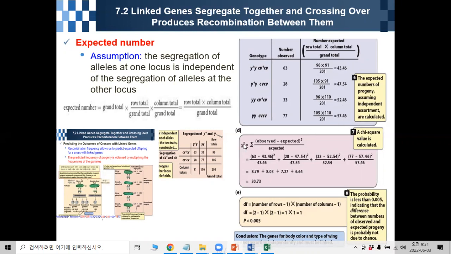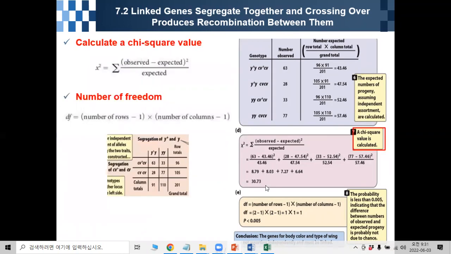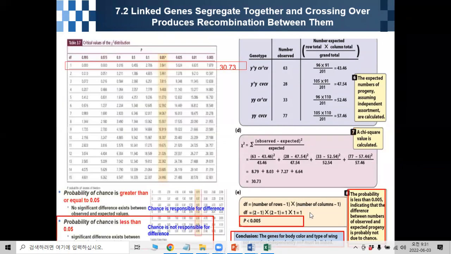After that we can calculate the chi-square like this. This is the chi-square number. And also, we can calculate the degrees of freedom. Degrees of freedom is the number of rows minus 1 multiplied by the number of columns minus 1. In this case, df will be 1.